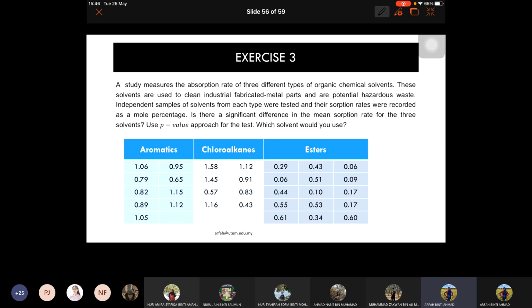So dia nak tengok kadar serapan bagi 3 jenis pelarut chemical dan digunakan dalam sesuatu fabricate metal industry. So dia ada 3: aromatics, chloroalkane. Susah je nak sebut. Chloroalkane. Oh, chloroalkanes. Untung ada Dabi. Chloroalkanes.